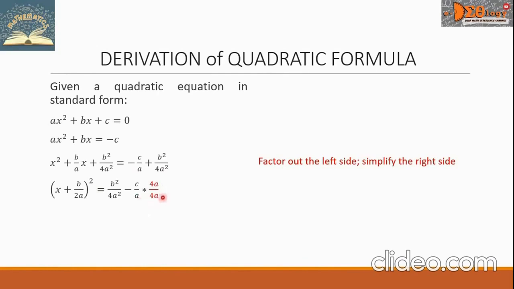If we do that, the denominator here becomes 4a squared, which is now equal to the denominator of the first fraction, while the numerator becomes c times 4a. So that is 4ac. So we can now combine the two fractions. The right side now becomes b squared minus 4ac all over 4a squared.